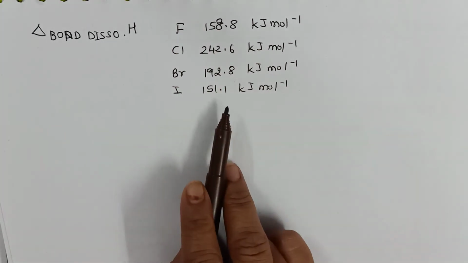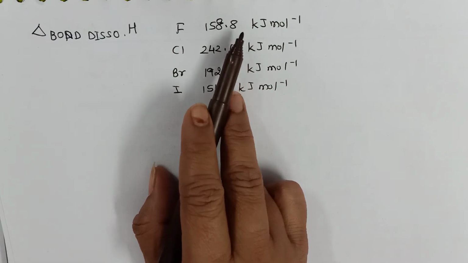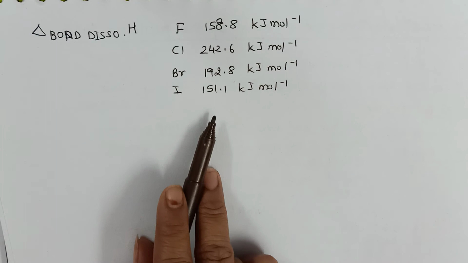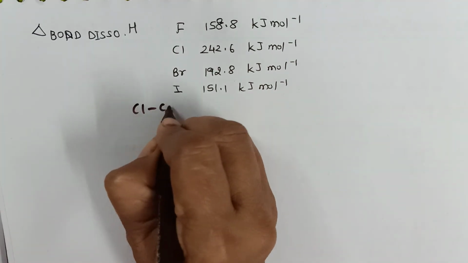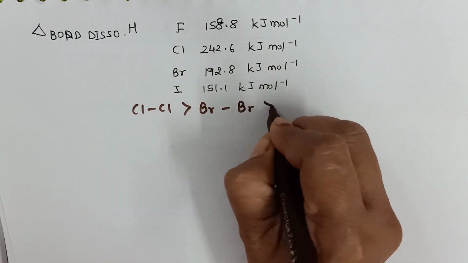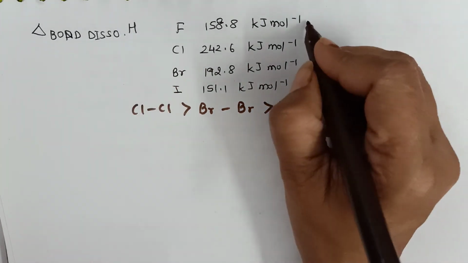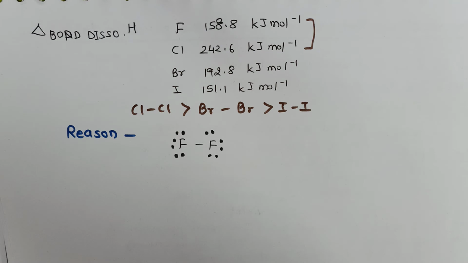From this table, we can note that the bond dissociation enthalpy of fluorine is less than that of chlorine, and then from chlorine onwards it follows the expected trend: chlorine greater than bromine, greater than iodine. But there is an anomaly, an exception, in the case of fluorine.